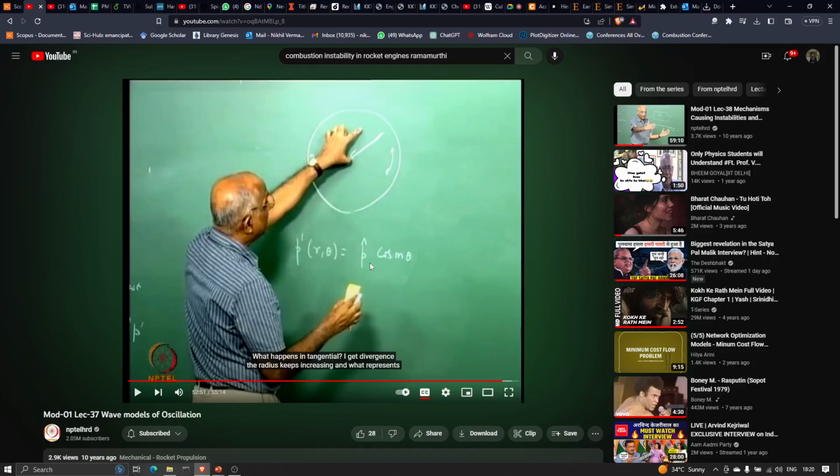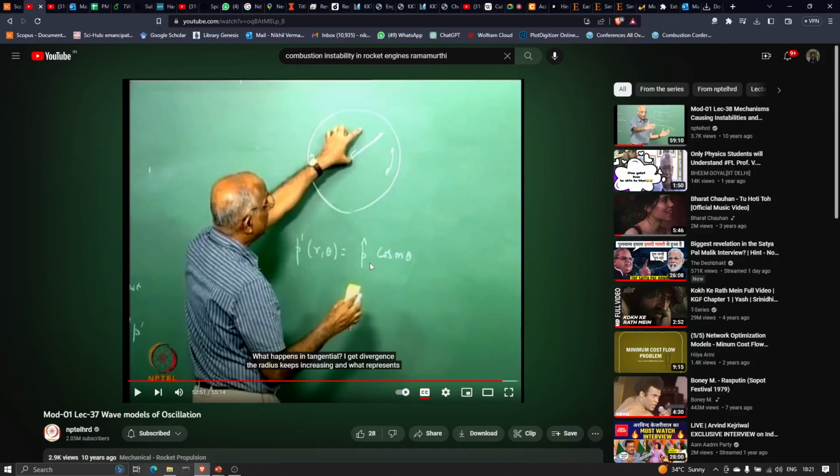For a liquid rocket engine, the mass that is coming in is through the injector, whereas in the case of solid rocket propellant it will be through the surface. That's why we have written g, which tells this is the mass that is generated inside the rocket motor.